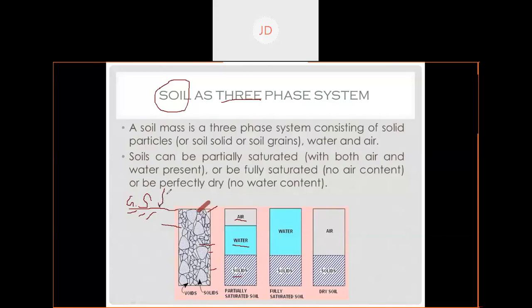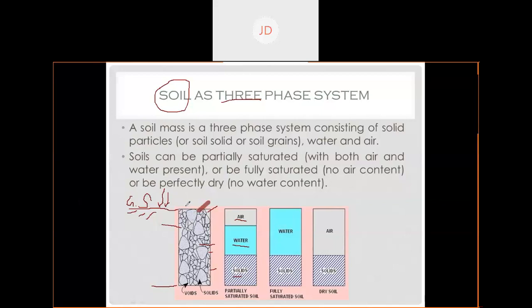During the rainy season, water will penetrate into the soil. Now if you take this much amount of soil from here to here, you can see all voids will be filled with water.